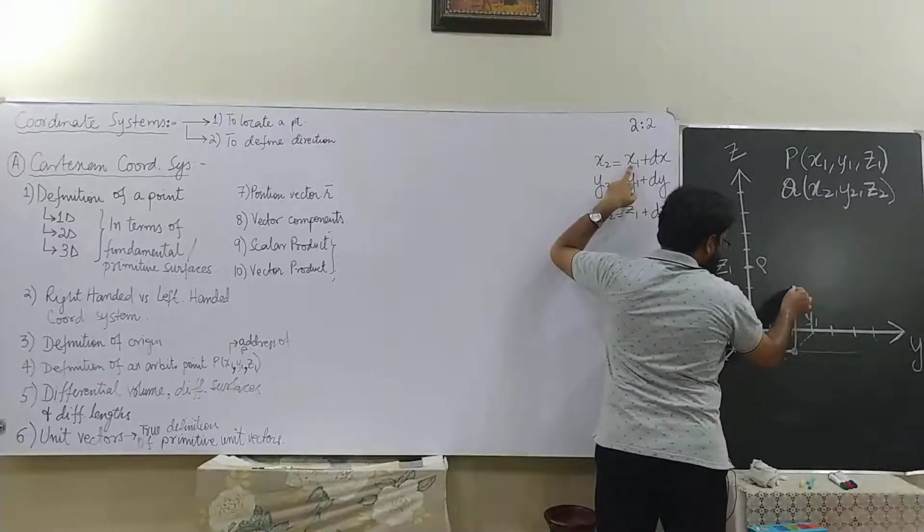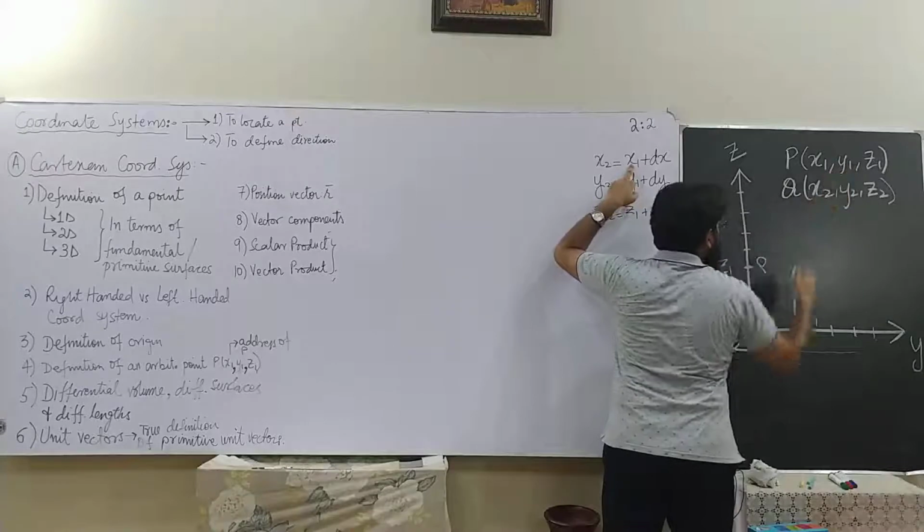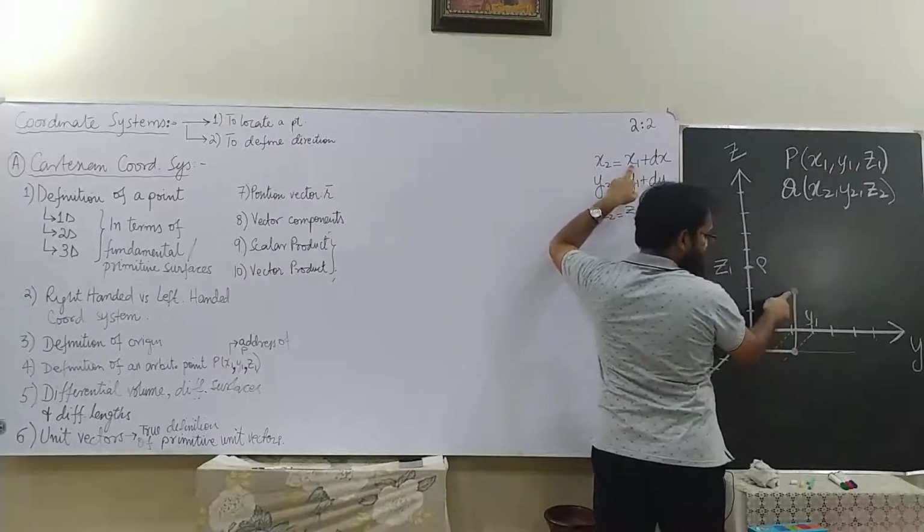So if I'm here, I know that I am at the point P whose coordinates are already given. So I am already at x1, by the way.